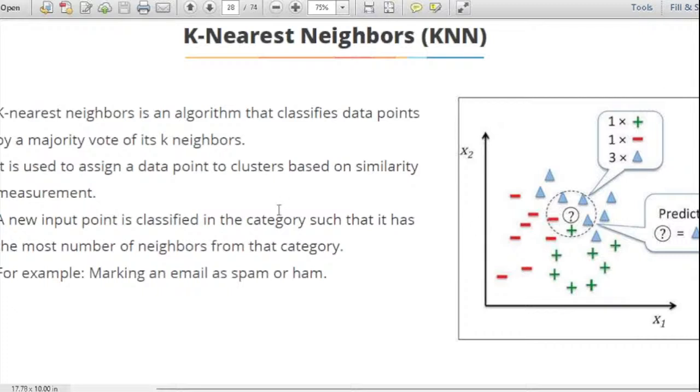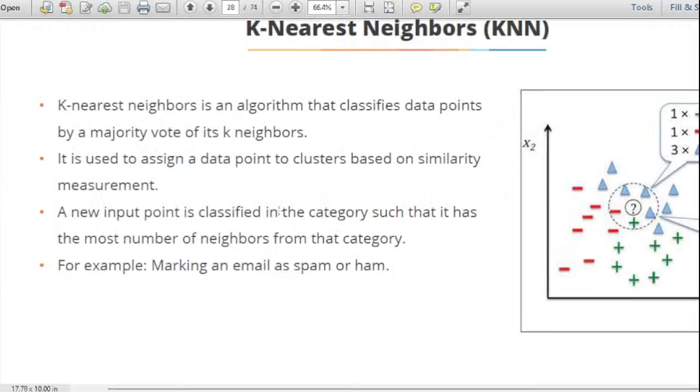The k is going to be defined by us at the start. It does not involve distance here. I am going to define k, let's say k is equal to 5.